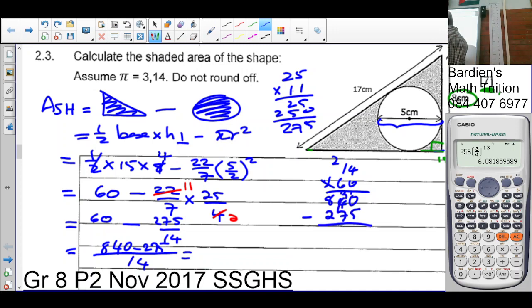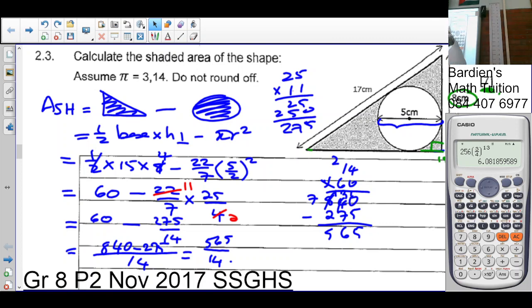So it will be 3 carry 1 is 5. It will be 7, 5, 13 is 6, 5, 6, 5. Is that correct? Over 40. Okay. So we can test it at the calculator as well.